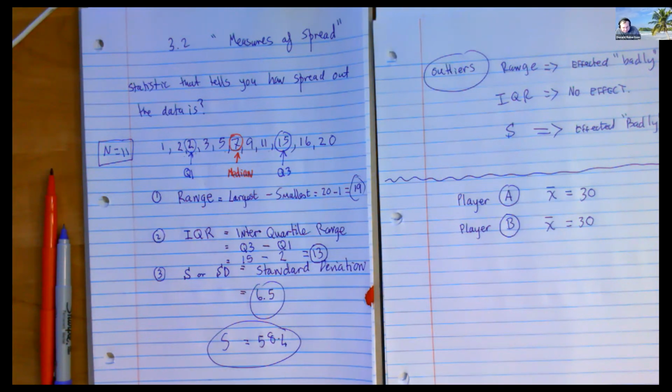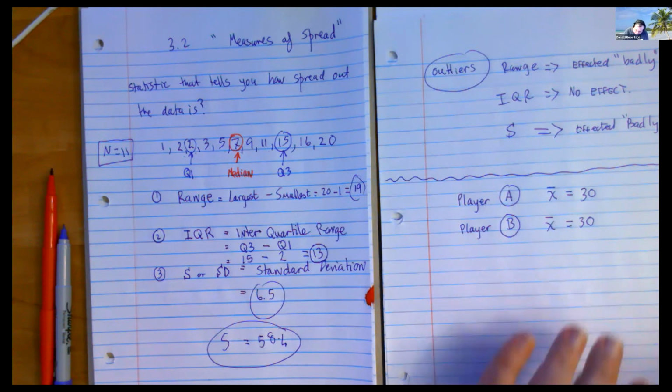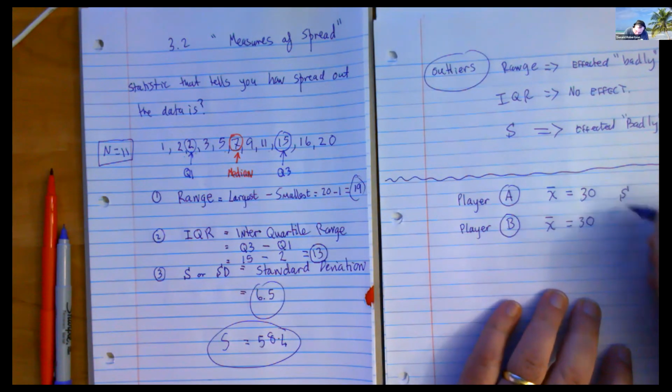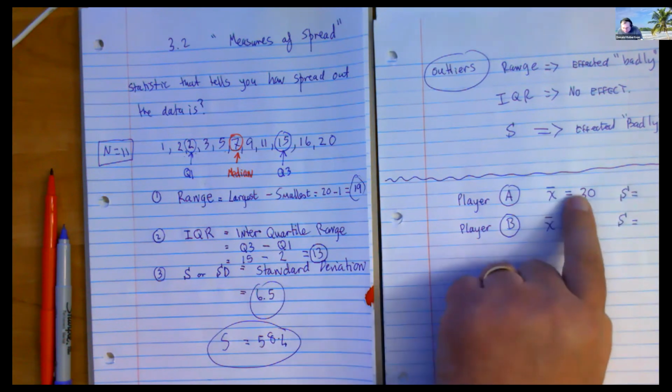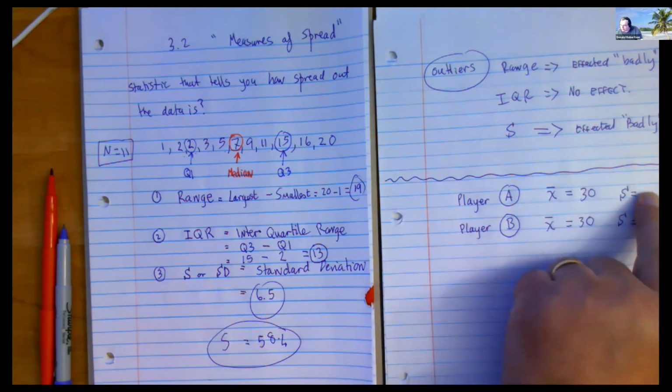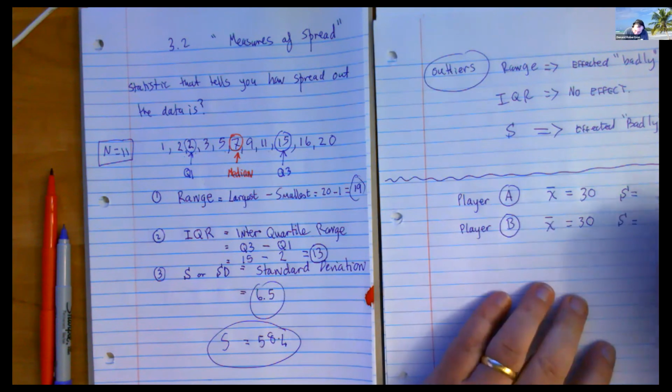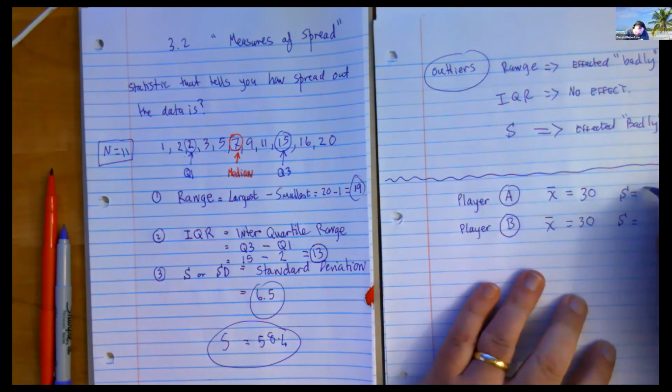The reason I was going to pick your brain is I would then say to you, can you tell me what a good player would typically score in a basketball game? And that way I could make this realistic. So we're just all going to believe it's 30. And then I'm going to tell you the standard deviation, but I could also tell you the median and interquartile range. But I'm going to tell you the standard deviation. And the standard deviation here is 5, and the standard deviation here is 20.